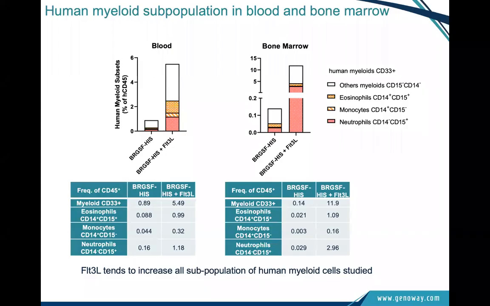Again, upon BRGSF treatment, we are getting approximately 2%, 3% of neutrophils, versus almost nothing prior to treatment. In bone marrow and in blood, we're about 1.8% and 1.2%.